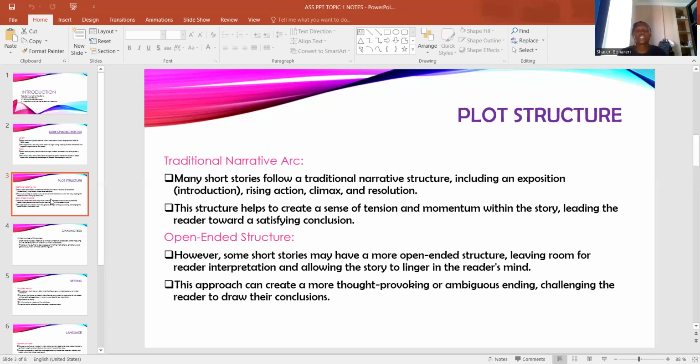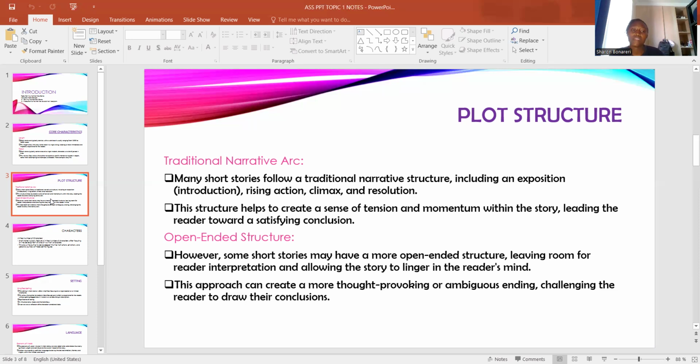This structure helps to create a sense of tension and momentum within the story, leading the reader toward a satisfying conclusion.